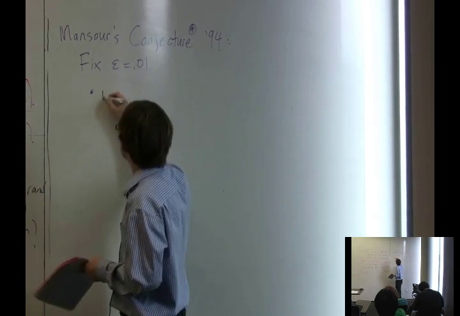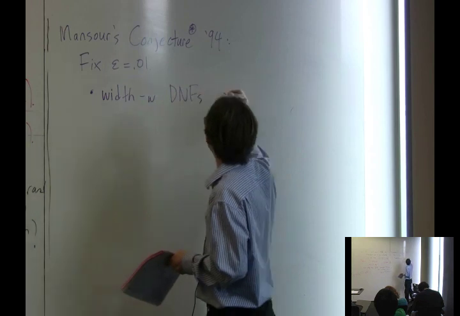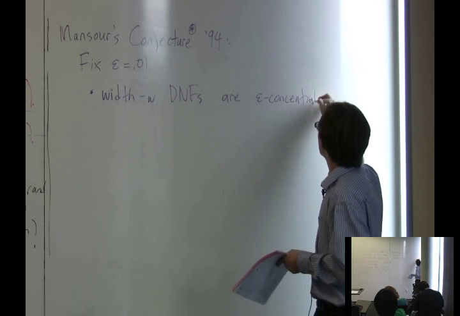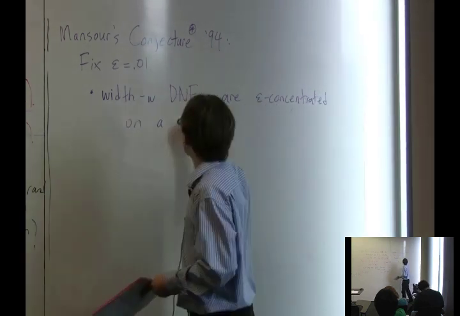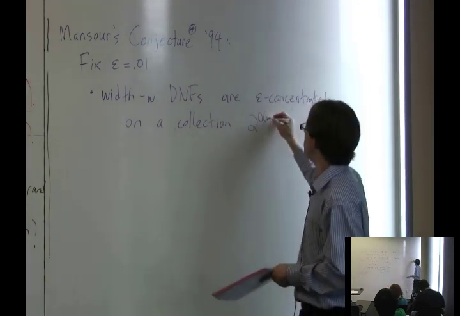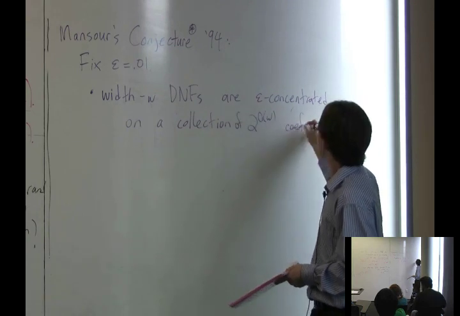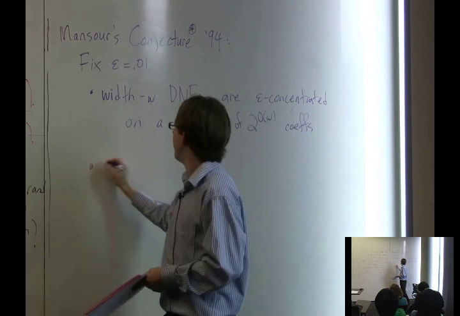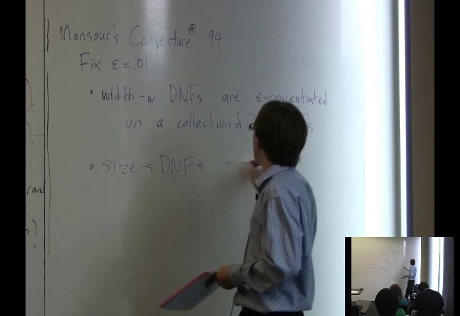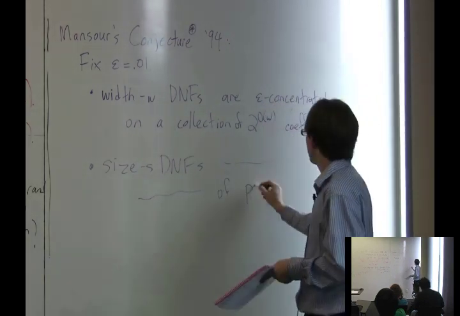You can conjecture that width-w DNFs are epsilon-concentrated on a collection of just exponential in w many coefficients. And if you care more about size, the conjecture is that size-s DNFs are epsilon-concentrated on a collection of poly(s) coefficients.